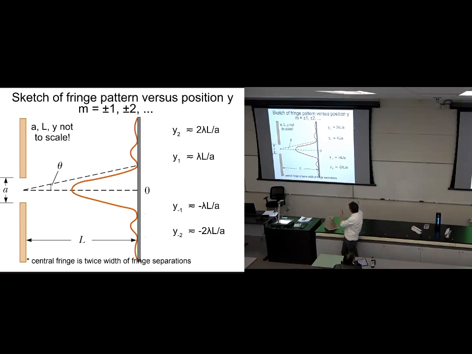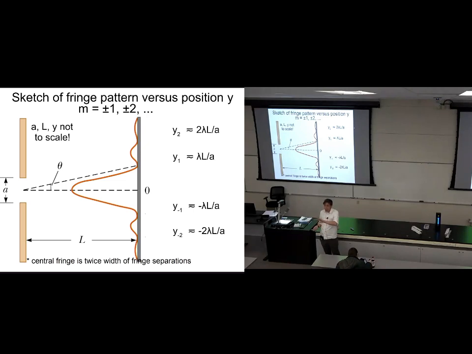Anyway, the position of the first dark fringes is given by this little expression here. It just depends on the various dimensions of the setup and the wavelength of light. It's the wavelength of light times the distance to the screen divided by the slit width. So it's lambda L over a.